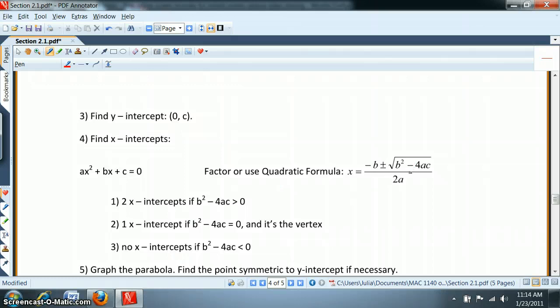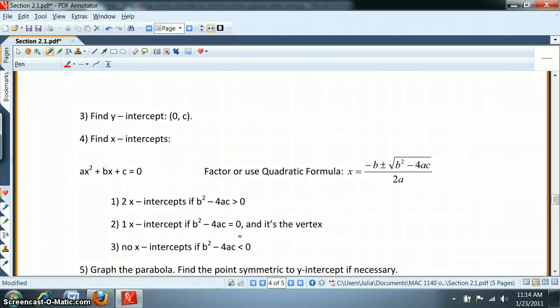This part under the square root, b squared minus 4ac: if it's positive, we do have two x-intercepts, so it is worth finding them by using the quadratic formula. However, if it's 0, we get one x-intercept, and it's the vertex, which we already found, so it doesn't make sense to use the quadratic formula.